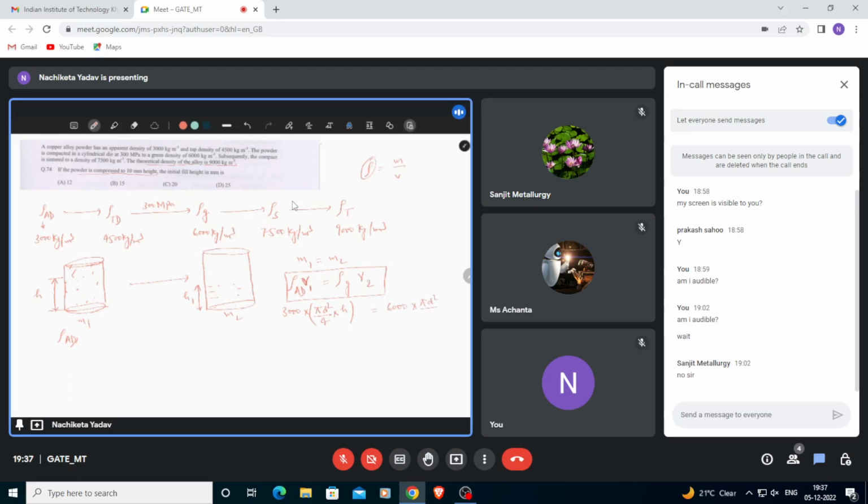Pi d square by 4, the diameter will be the same in both cases, but this powder height will be reduced, so it will be cancelled out. It is given that the powder is compressed to 10 mm height, so h1 is 10. So the fill height h will be 6000 into 10 by 3000. Is it okay?